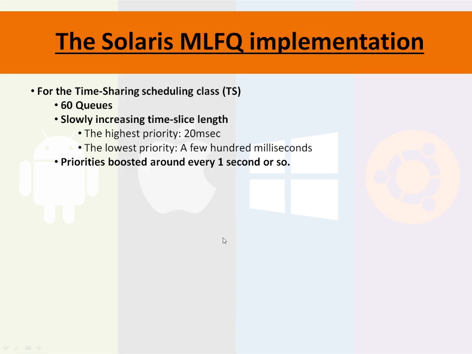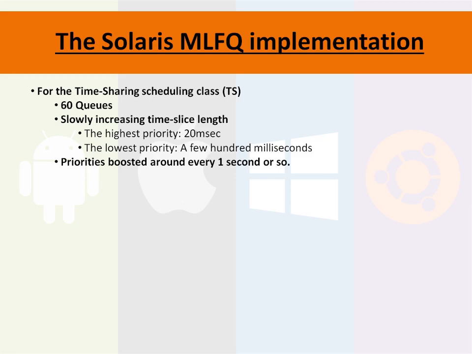Okay, so in terms of a specific scheduler implementation, there is the Solaris MLFQ implementation. And this has 60 queues. So in all the examples we've been through, there have only been like 3 queues, but this has 60 queues.